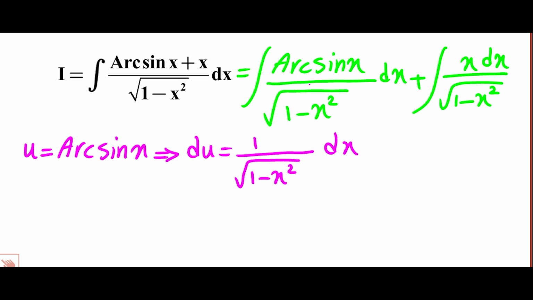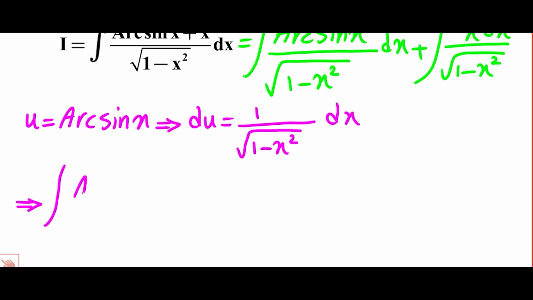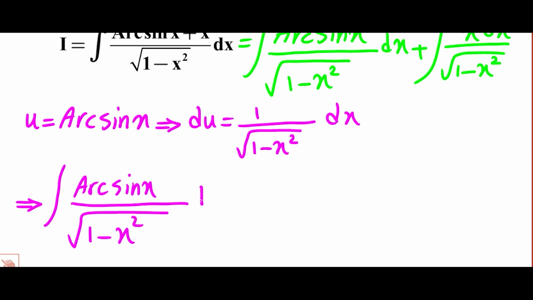So the first integral becomes the integral of arc sine of x over the square root of 1 minus x squared dx equals the integral of u times dx over the square root of 1 minus x squared is du.